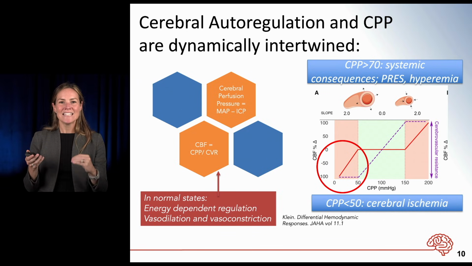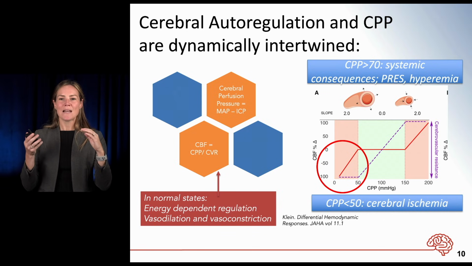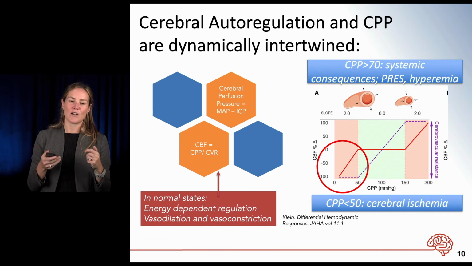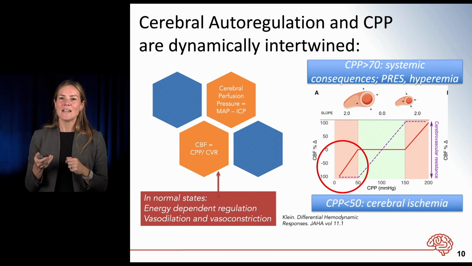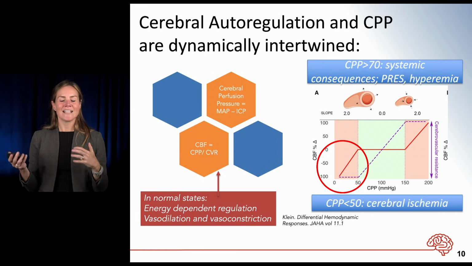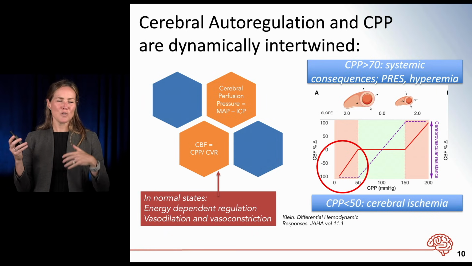That is secondary injury. And so you can imagine that if your ICP is so high that it's causing your cerebral perfusion pressure to fall, then you can have secondary injury. You know, the brain is sort of like Goldilocks. It doesn't like too much or too little.